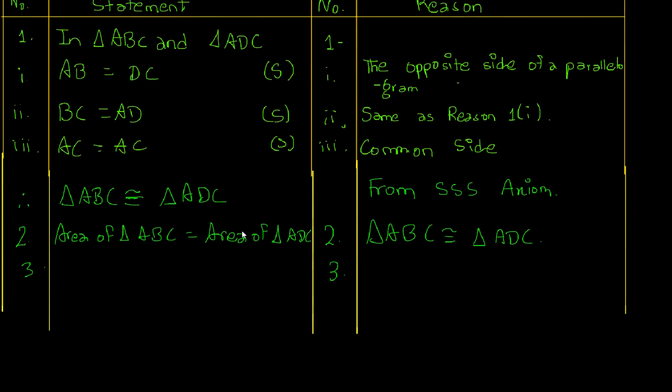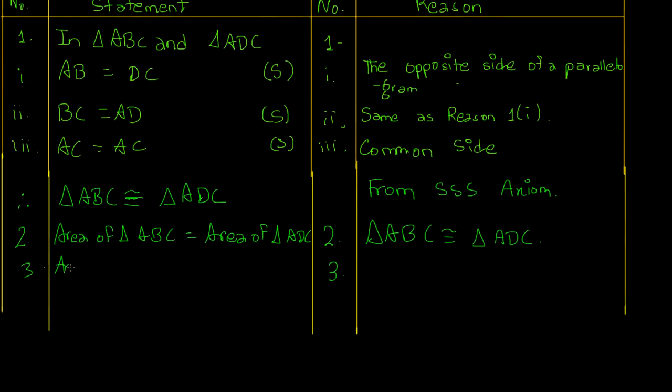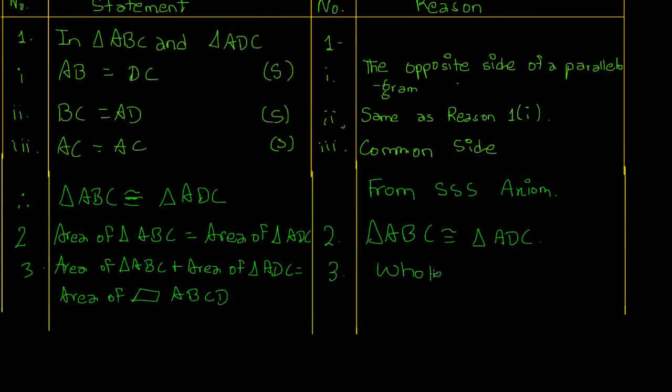So let's just write that the area of triangle ABC plus area of triangle ADC, they make up the area of parallelogram ABCD, and in the reason we can write whole part axiom. Okay, so we can just write here or 1 and or.